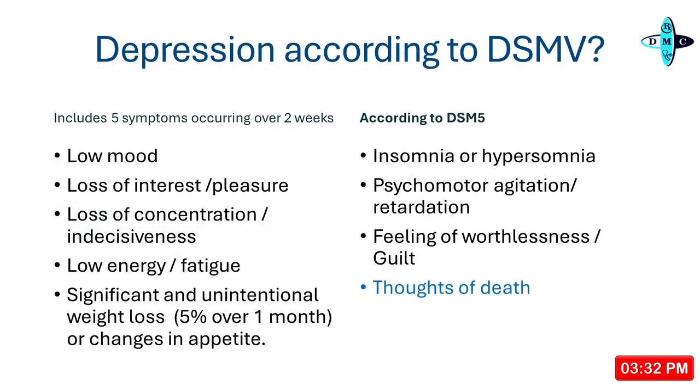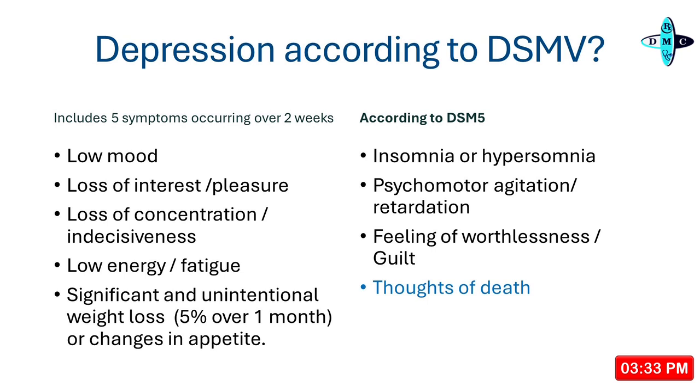So according to DSM-5, this is what makes depression a diagnosis. This is the criteria that need to be met for you to have a diagnosis of depression. Low mood, loss of interest, loss of concentration, low energy, significant and unintentional weight loss, insomnia or hypersomnia, psychomotor agitation or retardation, which means that the person just can't seem to sit still, or the person is physically slower than they used to be, and they're thinking slower than they used to think.